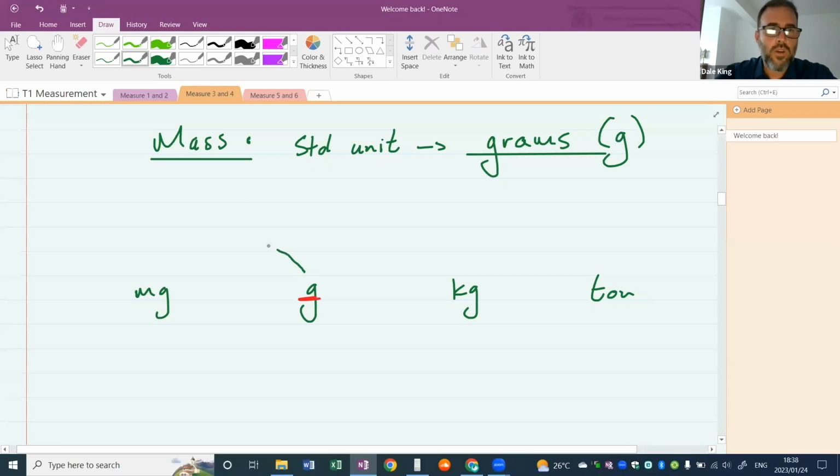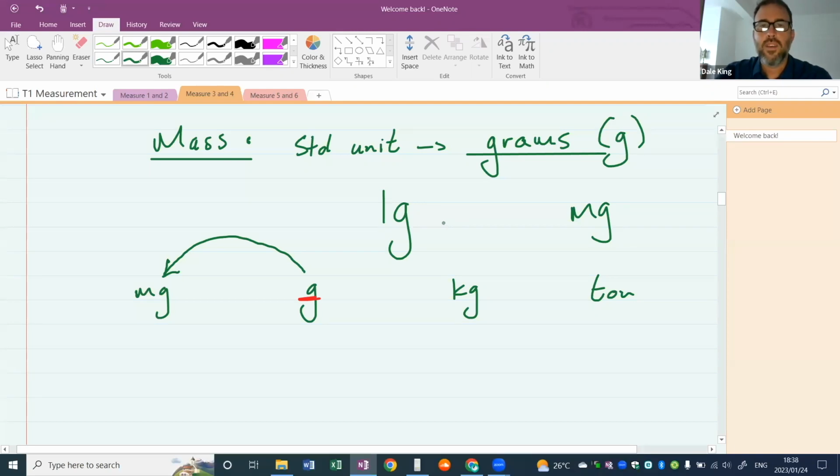So let's say I have 1 gram, and I want to go to milligrams. To go from a bigger unit of measurement down to a smaller unit of measurement, you have to multiply. There are 1,000 milligrams in 1 gram, just like there are 1,000 millimeters in 1 meter.